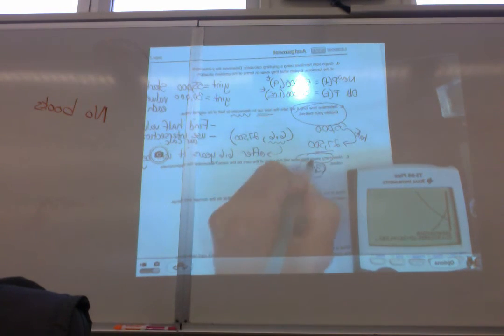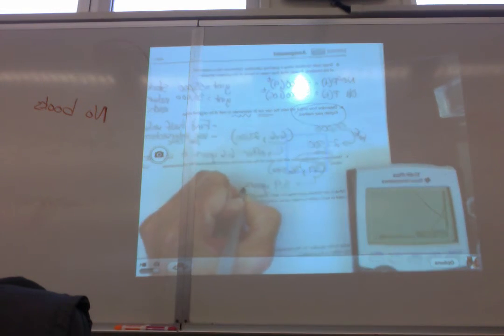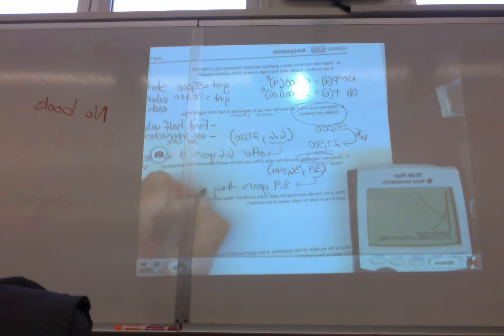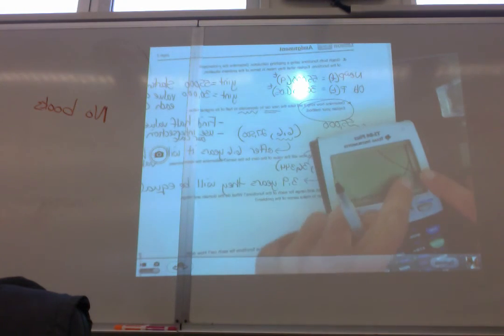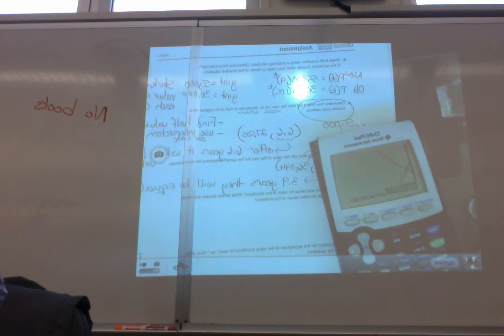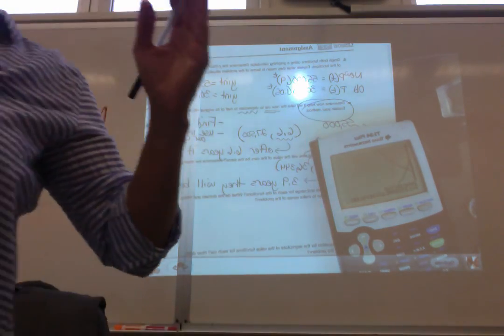So this X value is the years. 3.9 years they will be equal. Okay, so we're looking at the two cars. That's where they're exactly the same amount. One has come down to that amount. One has gone up to that amount.